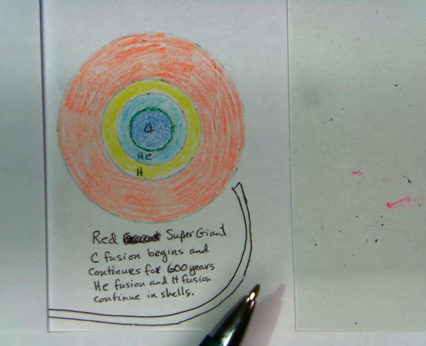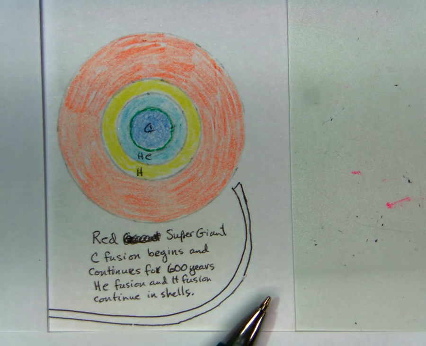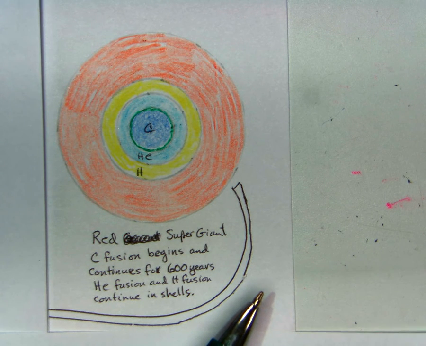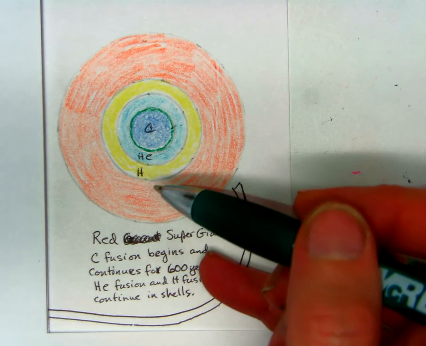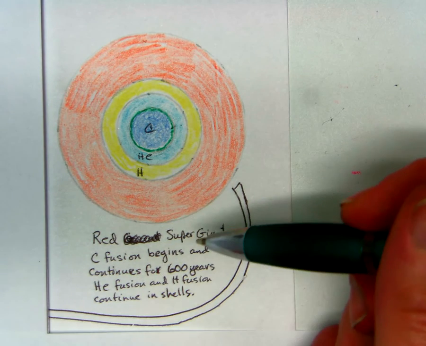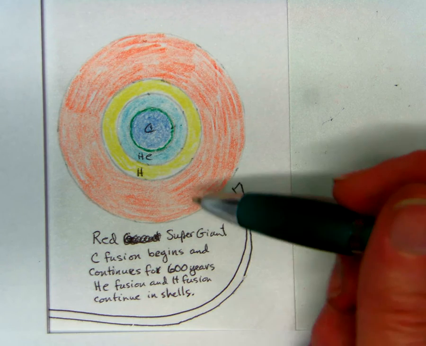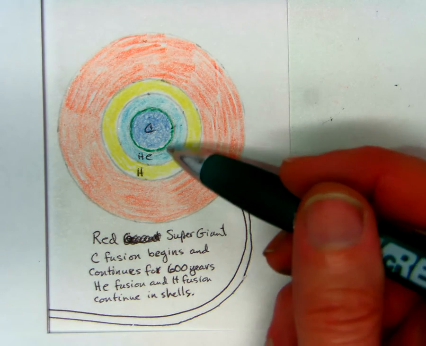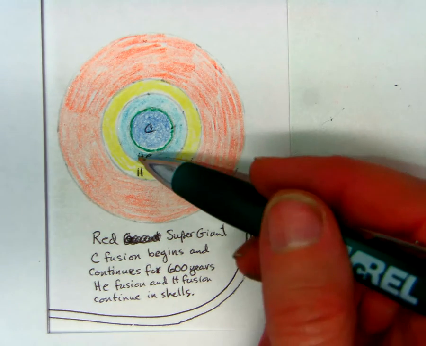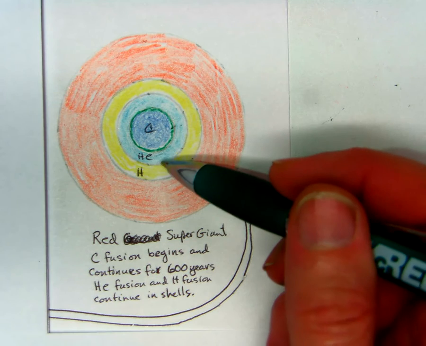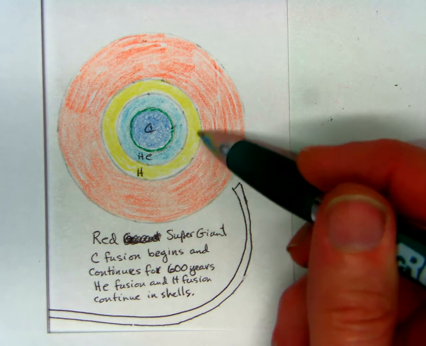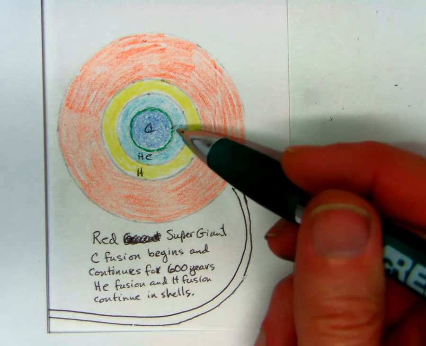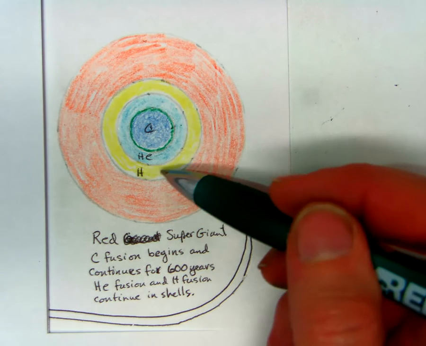Okay, so around the outside of the carbon, it fuses the carbon into neon. There's still helium on the outside of the carbon, it's still fusing, and there's still some hydrogen fusing in a shell outside the helium.